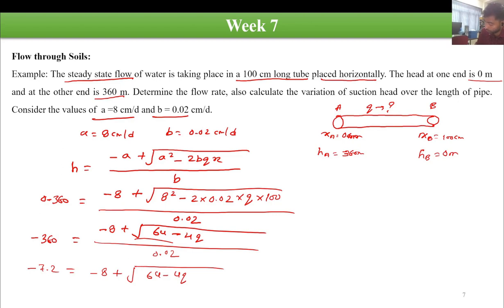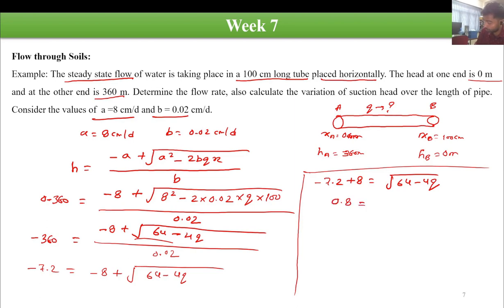After solving it further, minus 7.2 plus 8 is equal to under root of 64 minus 4Q. That is 8 minus 7.2, 0.8 square is equal to 64 minus 4Q. The square of 0.8 is 0.64, equal to 64 minus 4Q.